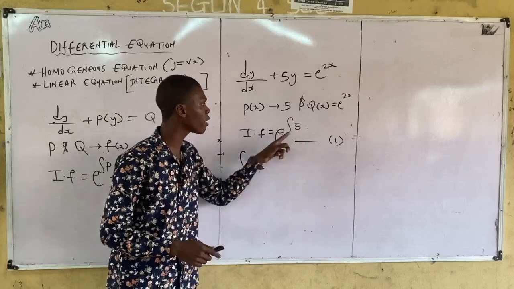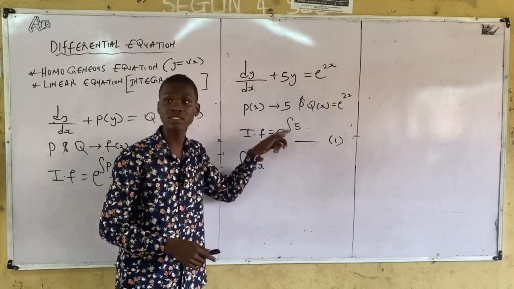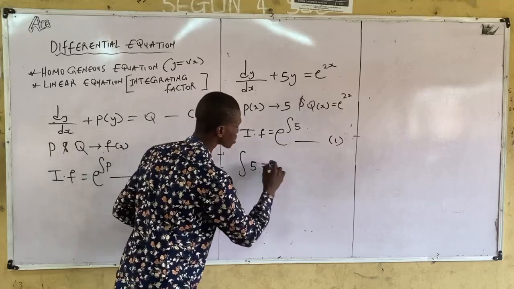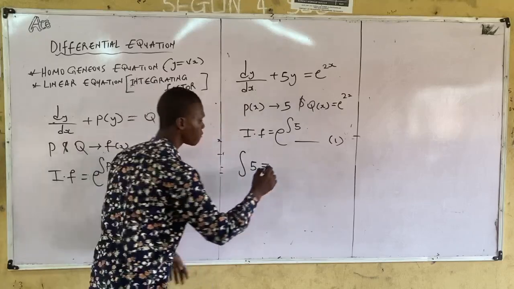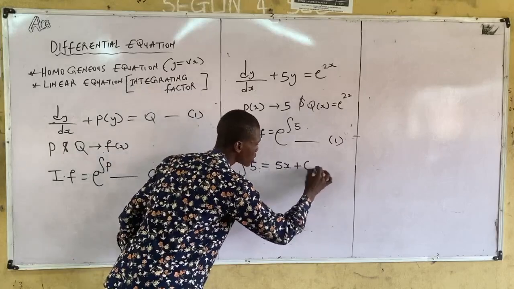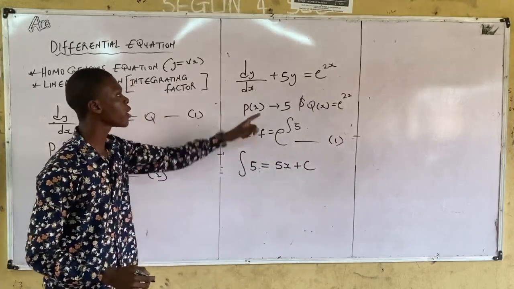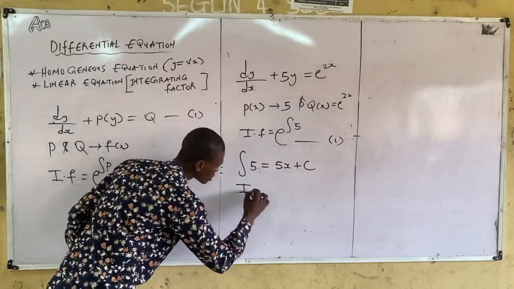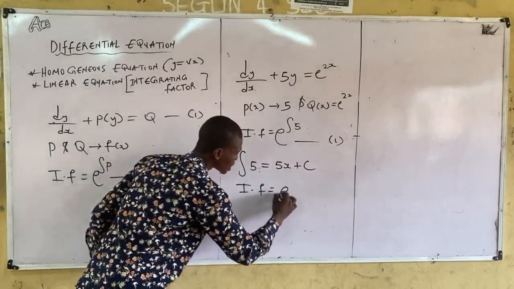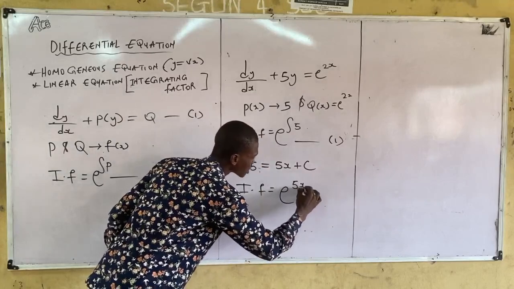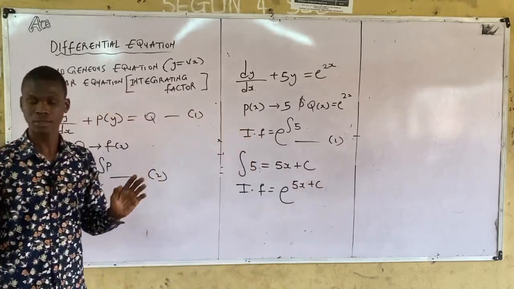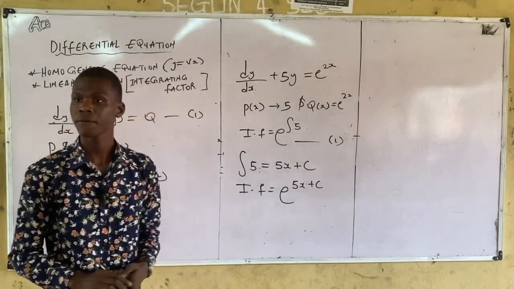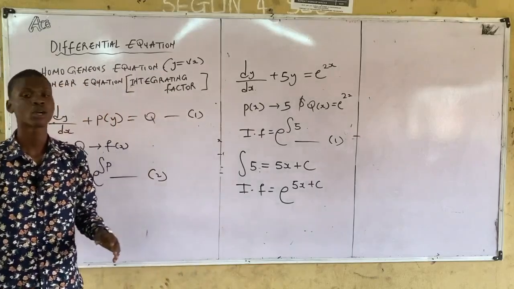Now, the integral of 5 is 5x plus c. Meaning, for this question, the integrating factor is equal to exponential 5x plus c. That's it.